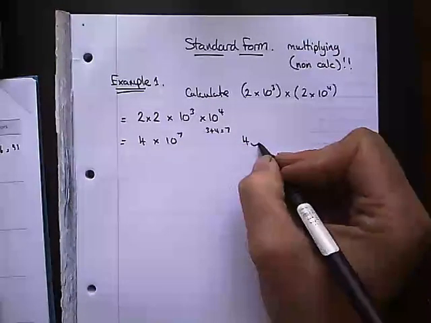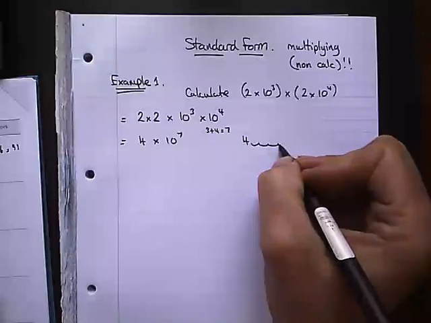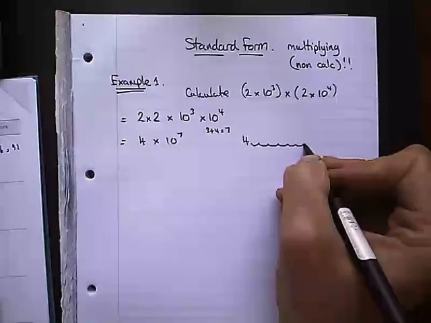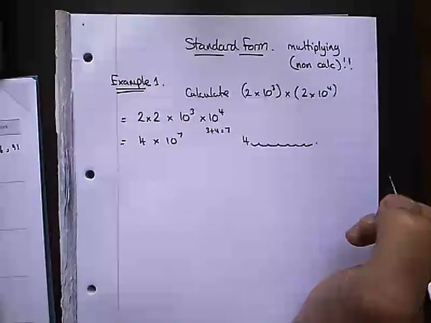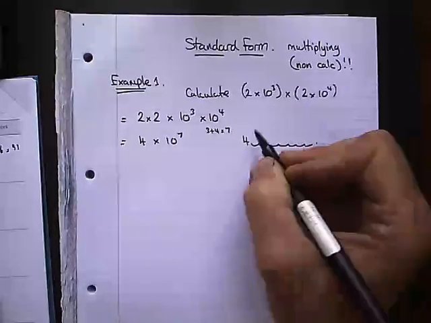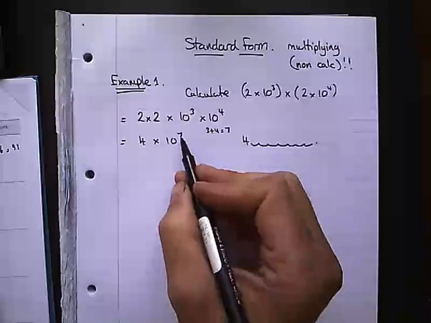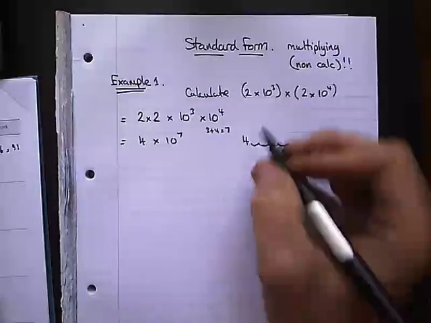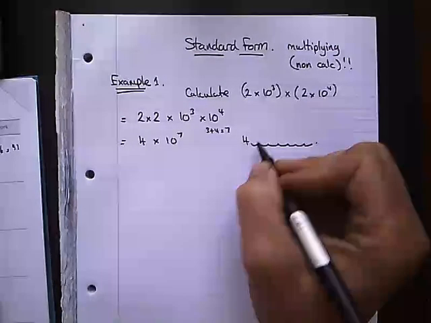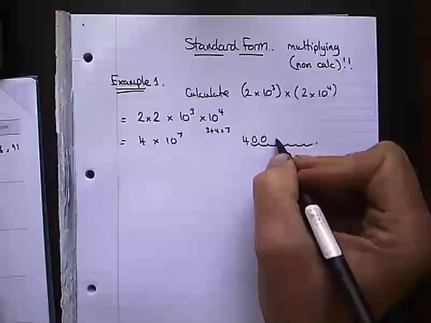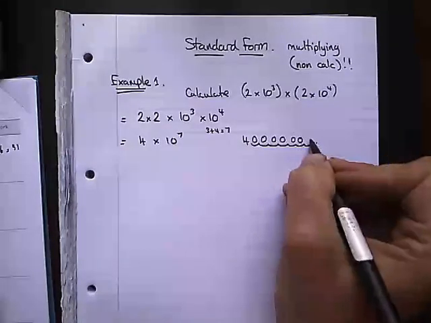So it's 1, 2, 3, 4, 5, 6, 7. So the decimal point will now go there, and I need to pop in the zeros. And I know from experience that there's going to be 7 zeros because there's no decimal number after the 4. So 1, 2, 3, 4, 5, 6, 7.